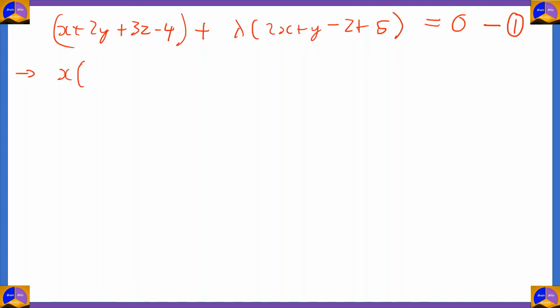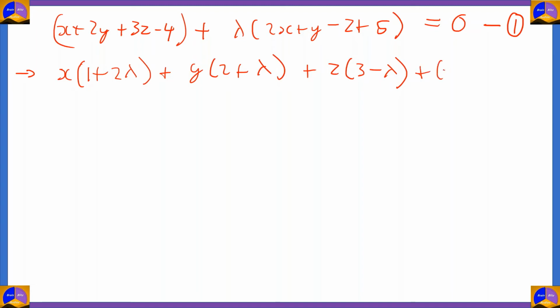So in both the equations, the left side has x as 1, and the right side has 2 lambda. 1 plus 2 lambda, plus y times 2 plus lambda, 1 lambda, that is lambda, and plus z times left side is 3, right side is minus 1 into lambda, so 3 minus lambda. And the constants, let's write them as they are. So minus 4 plus 5 lambda is equal to 0. So both equations are the same.